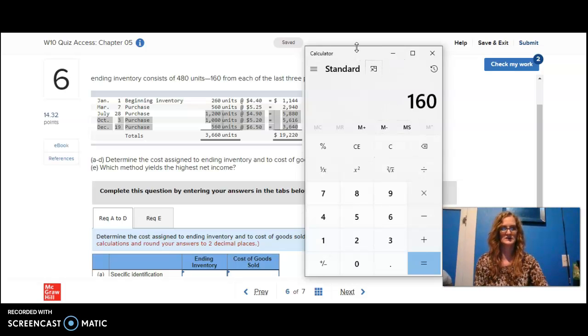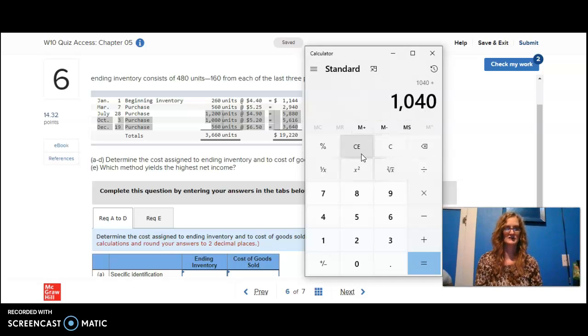So 160 times 490 is 784, and then 160 units at $5.20 is 832, and the last one, 160 units at $6.50 equals 1,040.